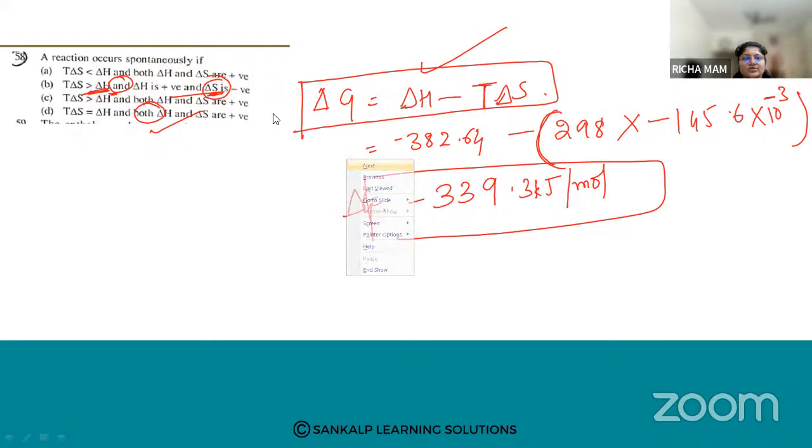Let us go for the next one. A reaction occurs spontaneously if... For a spontaneous reaction, we know that delta G should always be negative. So when is it possible?